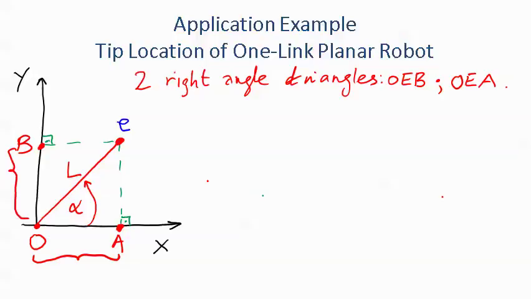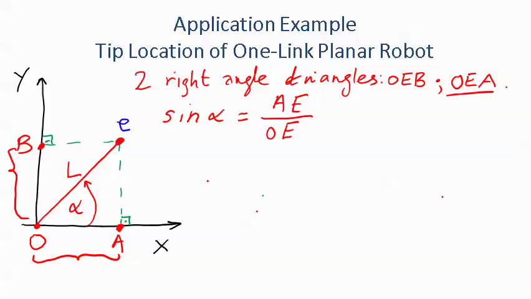If we reflect back to the theory that we introduced, let us write down either the sine or the cosine of an angle. So the sine of angle alpha will be equal to the opposite side, which is AE, divided by the hypotenuse, which is OE. And for this example, I'm using triangle OEA.